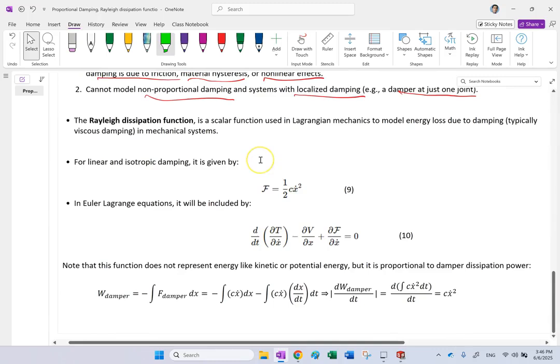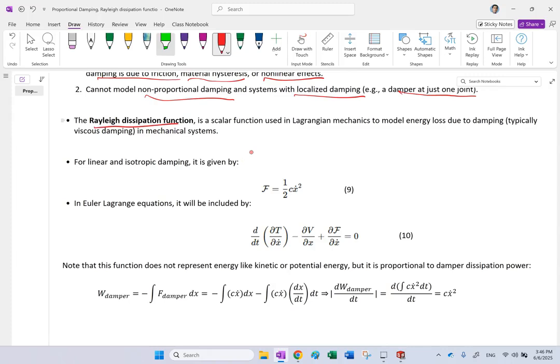The second thing that I wanted to just briefly mention to you is called the Rayleigh dissipation function. What is this? This is a scalar function that, when you are using the Euler-Lagrange equation to get the equations of motion of the system, is used to show the non-conservative force on the right-hand side.